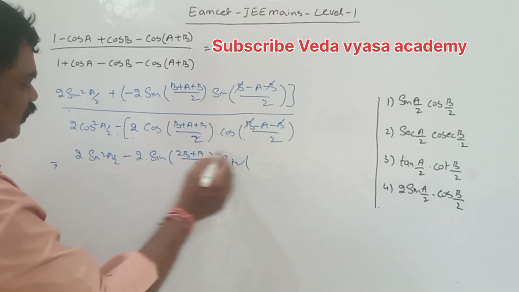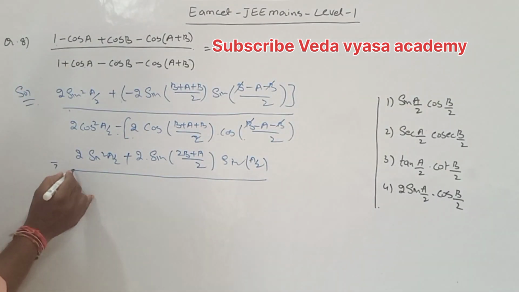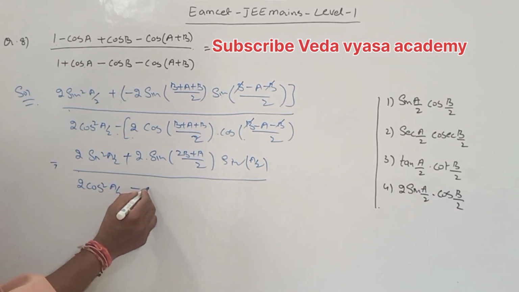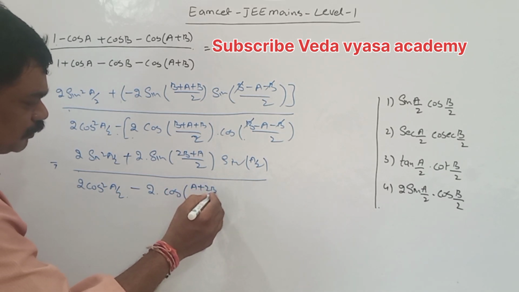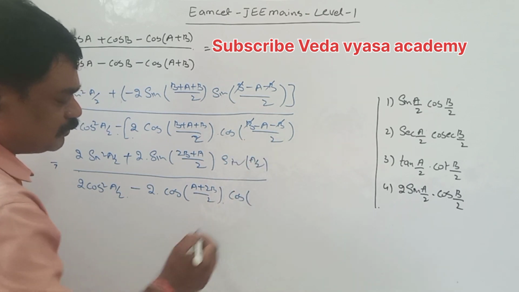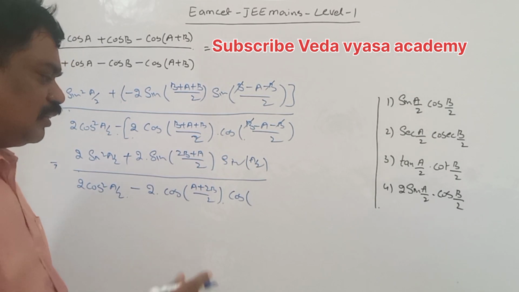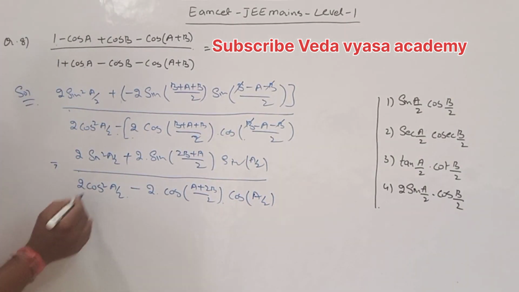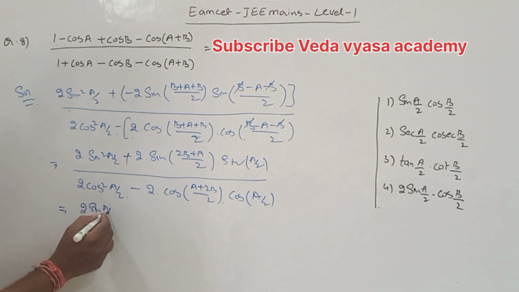Minus a by 2, plus sin a by 2 is there. By denominator, 2 cos square a by 2 minus 2 into cos of a plus 2b by 2, into cos of minus a by 2. Cos of minus theta is equal to cos theta. So this is a by 2. From the numerator you take common 2 sin a by 2.